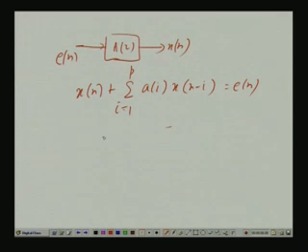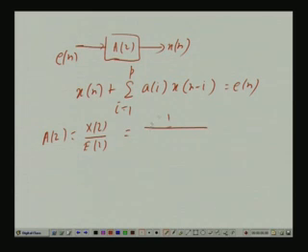What is AZ? AZ is XZ by EZ. If you take the Z transform left hand side and right hand side, obviously you get that all pole transfer function, and that is your AZ.